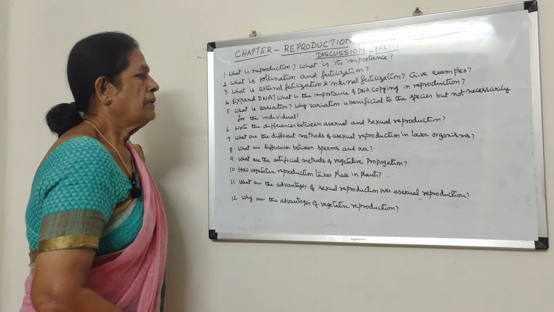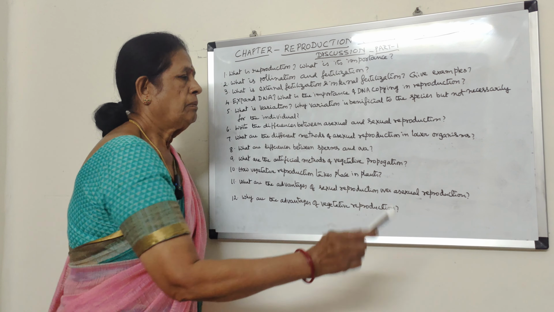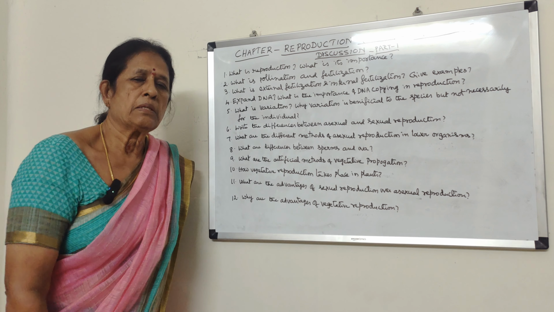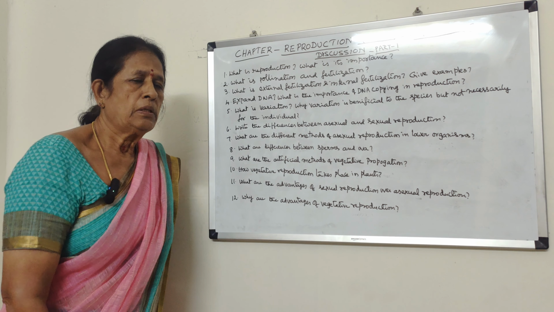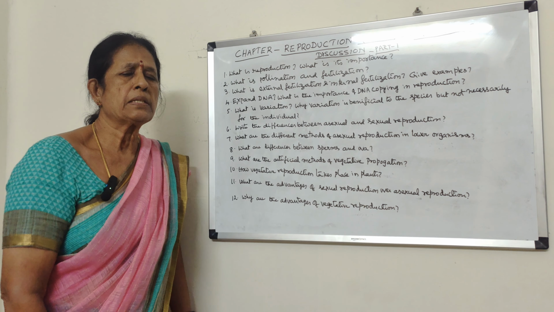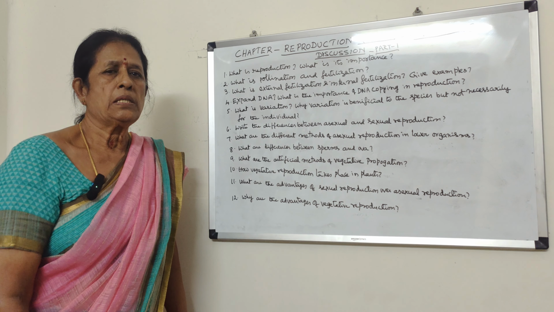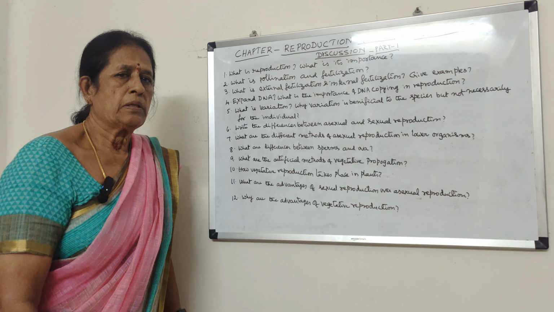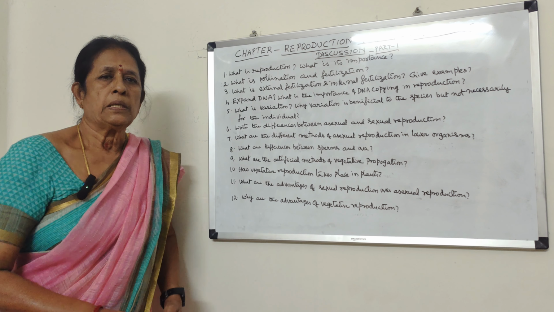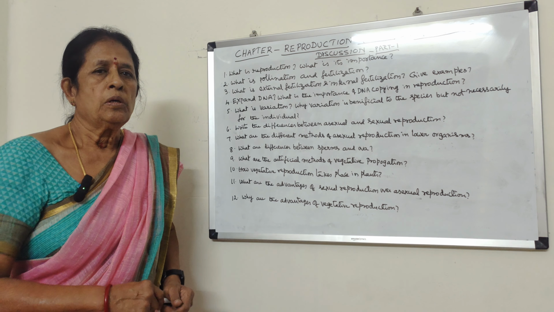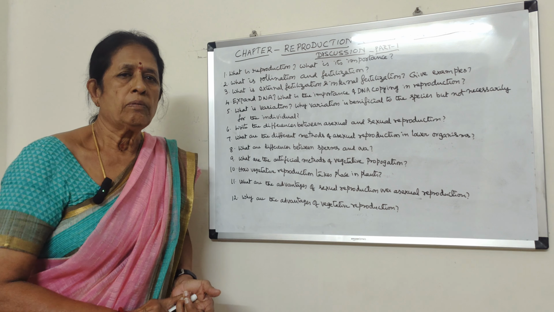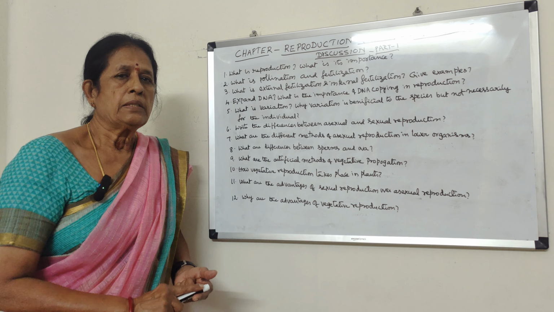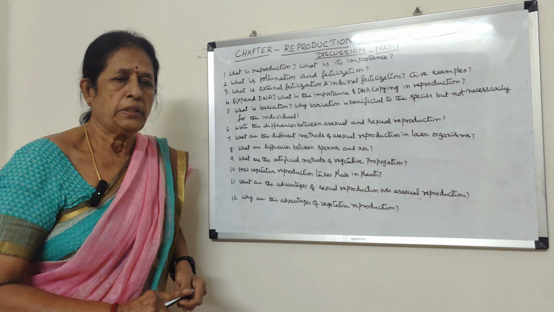Next, write the differences between asexual and sexual reproduction. The process of reproduction takes place by two methods, that is asexual reproduction and sexual reproduction. In asexual reproduction, only one organism is involved, one parent. In sexual reproduction, two parents are required. In asexual reproduction, there is no meiosis, no formation of gametes, no fertilization, and no formation of zygote.